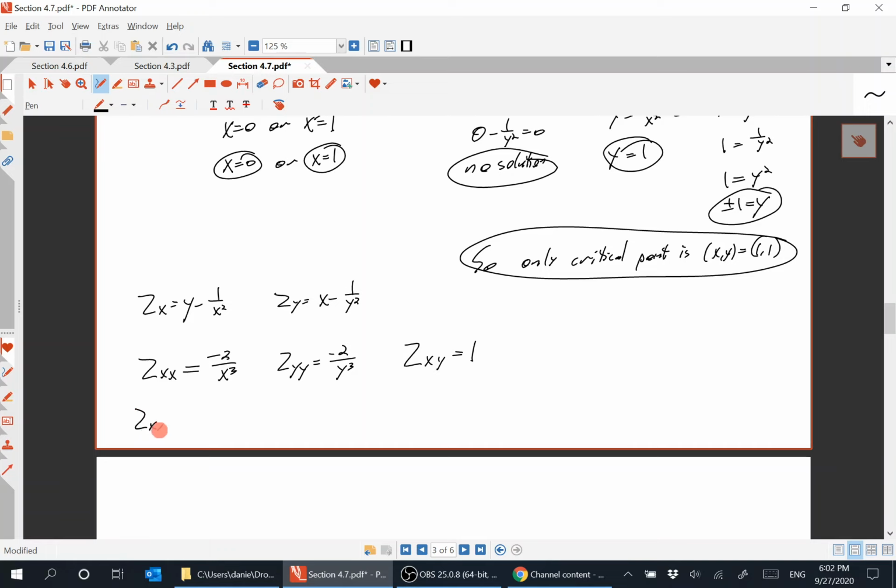So at the given critical point, 1, 1, zxx is minus 2. Zyy at 1, 1 is minus 2. And zxy at 1, 1 is just 1.